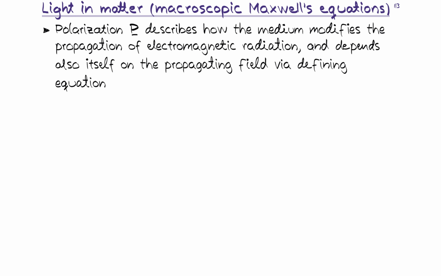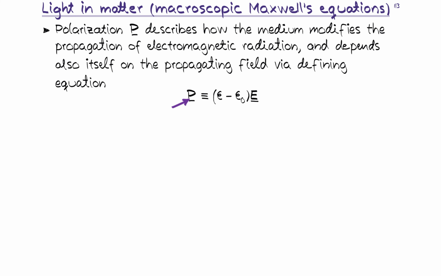And essentially what I'm trying to say here is that the polarization field is defined via this equation: P is equal to the permittivity of the medium epsilon minus epsilon naught, the permittivity in vacuum, times the incident field. So essentially the polarization P looks like a field quantity, just like the incident field, but it's modified slightly here.